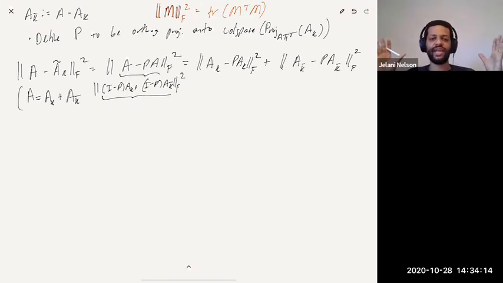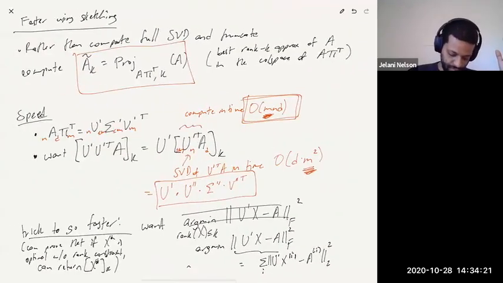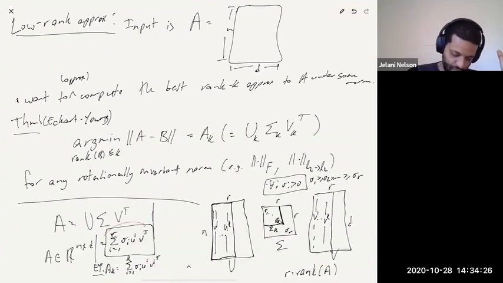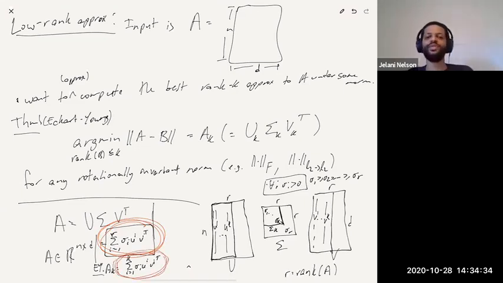You take the SVD of A, and then A K means you keep only the first K, and A K bar means you keep the remaining things. Those two matrices have orthogonal column spaces, because in the SVD, U and V have orthogonal columns.